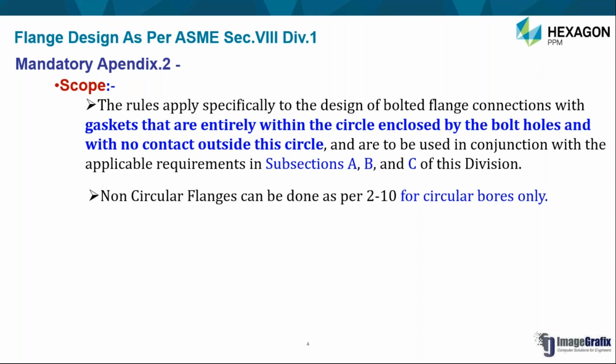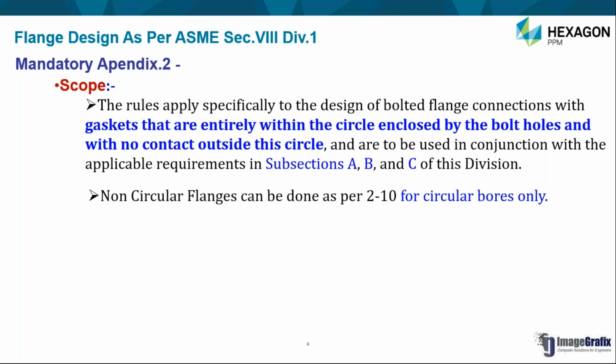There they have given an analogy that is applicable for non-circular flanges, but the bore of those flanges needs to be circular. If the bore is also oblong or elliptical in shape, then these rules are not applicable. So flanges with a non-circular bore cannot be designed as per mandatory Appendix 2.